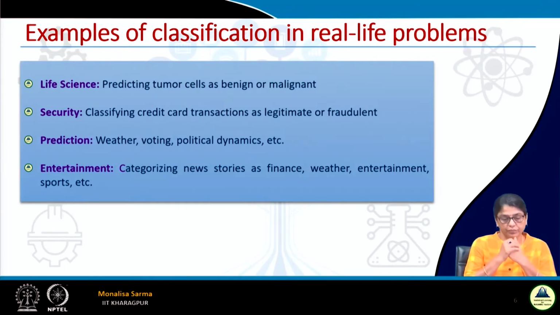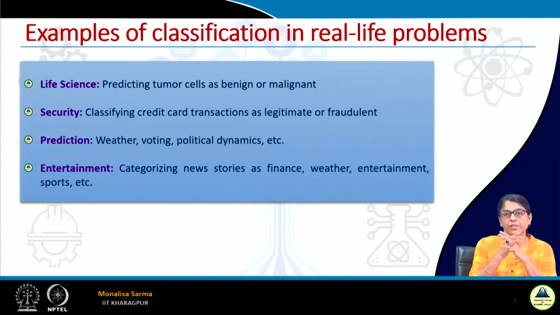Now, again, some example from life science. I already mentioned classification is very much used in medical research and medical diagnosis, like predicting tumor cells as benign or malignant. How do the doctors, the radiologists, do that? We do MRI. Based on the MRI data, they do some sort of image processing.